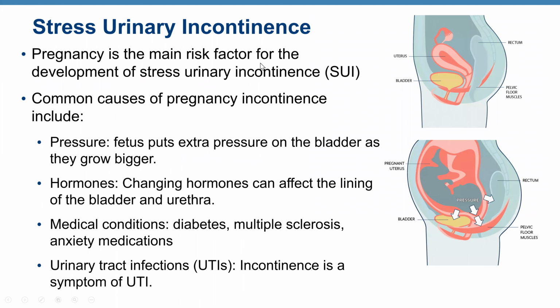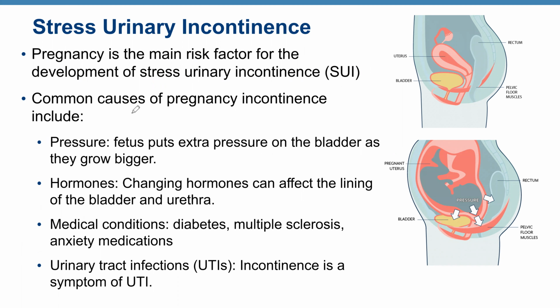Stress urinary incontinence sometimes happens in pregnant females. Pregnancy is the main risk factor for the development of stress urinary incontinence, or SUI. Common causes of pregnancy incontinence include pressure, hormones, medical condition, or urinary tract infection.